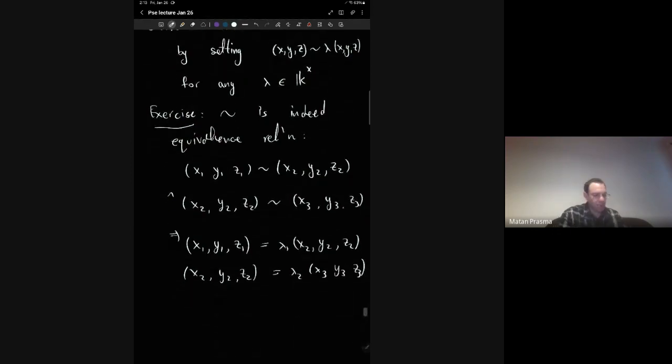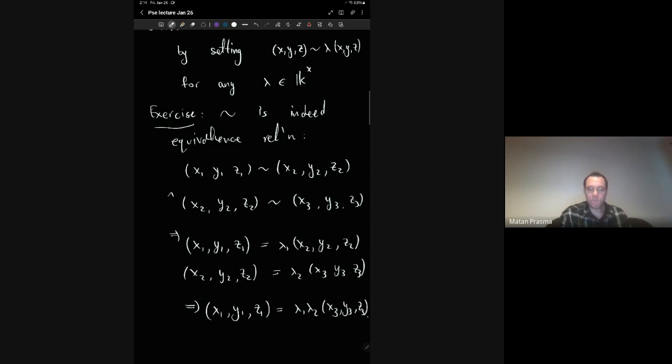Then you just multiply the lambdas, and you get that (x1, y1, z1) is equal to lambda 1 lambda 2 times (x3, y3, z3). Reflexivity and symmetry are very easy. So we have this equivalence relation.